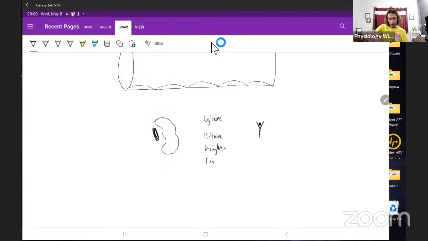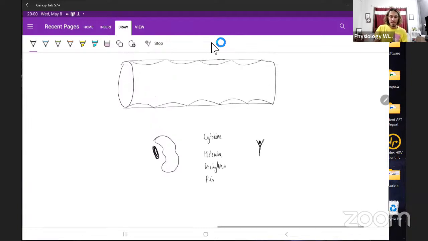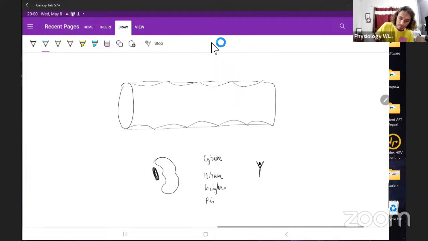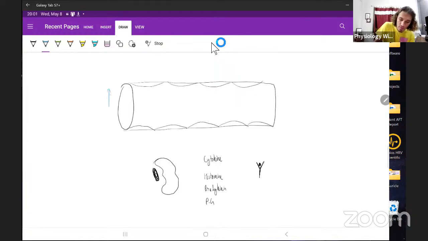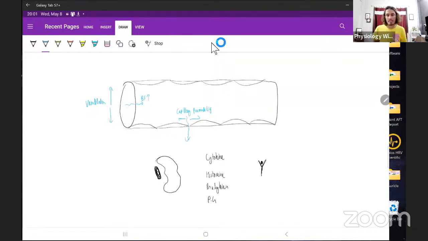So the end result of all of these components is, one, it results in vasodilation. When there is vasodilation, there is increased blood flow. Two, it results in increased capillary permeability, which means from inside things can ooze out easily.